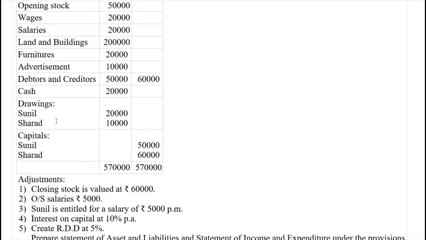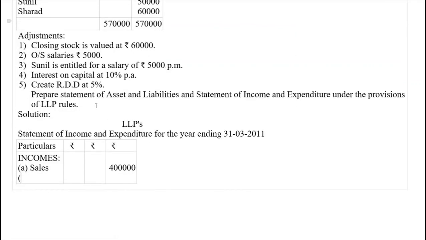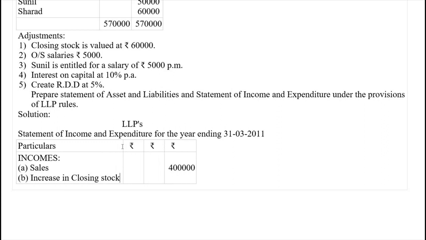Now let us discuss here. Simple problem. Opening stock is 50,000, whereas the closing stock is 60,000. So there is an increase in the closing stock. So B, increase in closing stock, rupees 60,000 minus rupees 50,000. The difference here is 10,000.